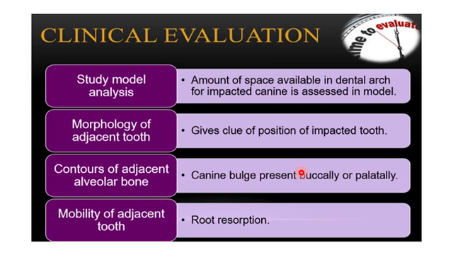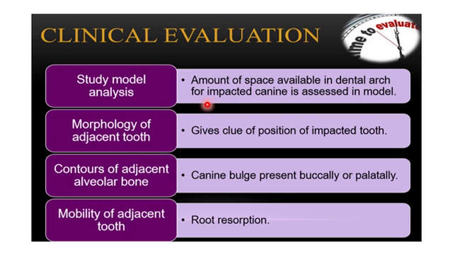Clinical evaluation. Different evaluations should be taken, such as study model analysis, morphology of the adjacent teeth, contours of the adjacent alveolar bone, and mobility of the adjacent tooth or teeth. On study models, the amount of space available in the dental arch for the impacted canine is assessed.